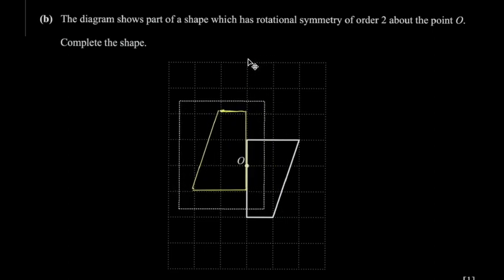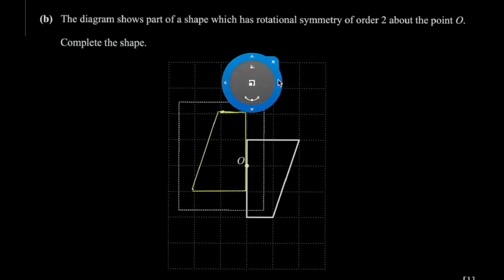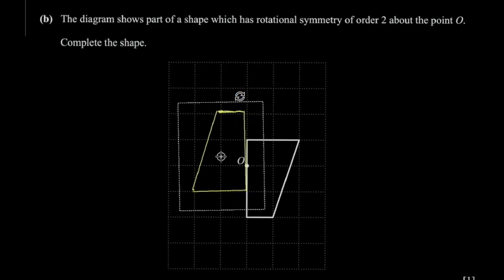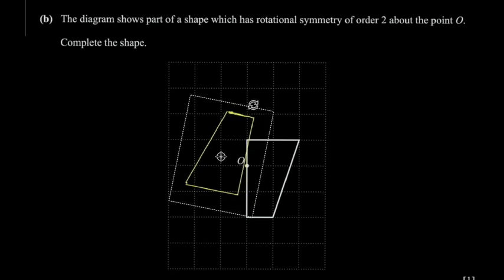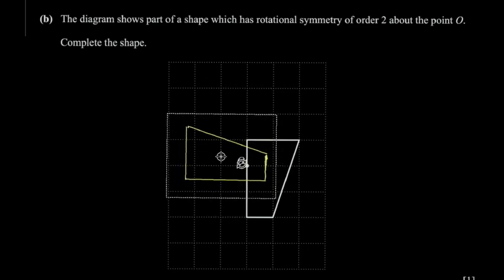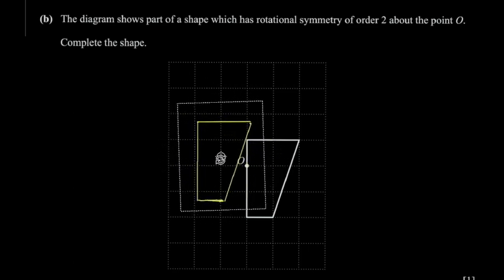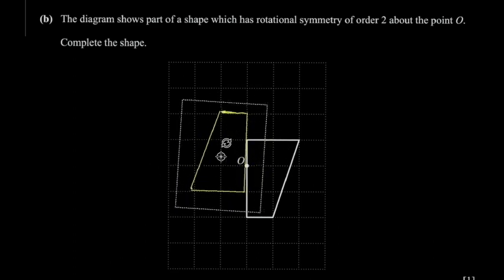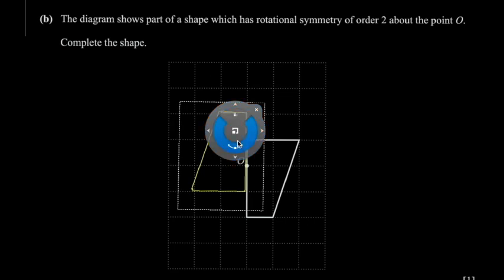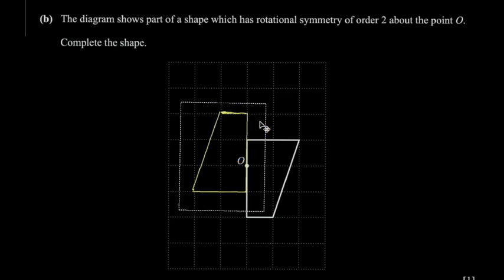So it was here, and we want to rotate it through 90, through 180. So it'd be like this, and then it would come to this position. See what I did? I rotated about the center of this shape, so that's why it wasn't coming out okay.